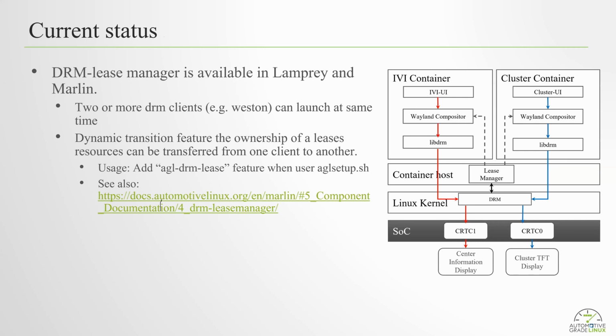And the dynamic transition feature is also available. The ownership of the resources can be transferred from one client to another client. So you can use it by adding to the AGL DLM release features when you use the AGL setup script, and see also the documents.